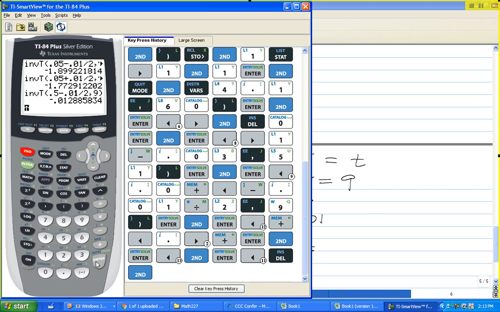Oh, and it still has the minus in there. Maybe it would have been faster just to look up in my table. Okay, finally. So inverse t, 0.05, 0.5.